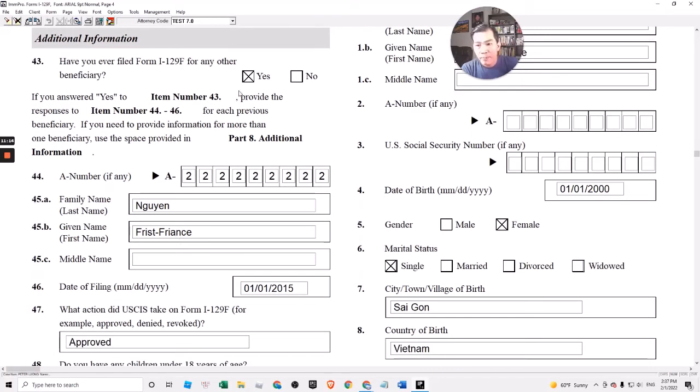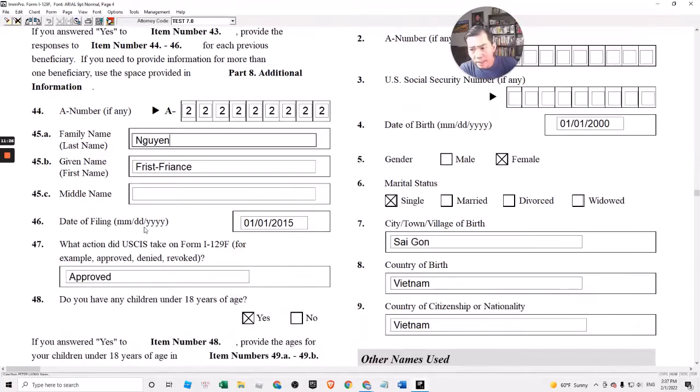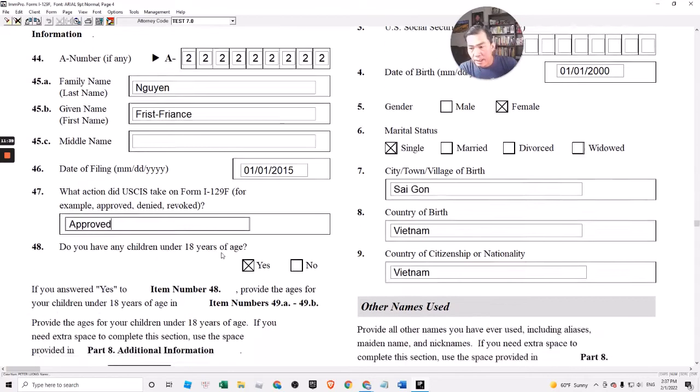So I put yes here, and the alien number of that person is 22222, and her last name is Nguyen, and her first name is first fiancé, and the date I filed for her, and the status is approved. So I got approval. I brought her here to the United States. I married her, and now we are divorced. So that's what it means.